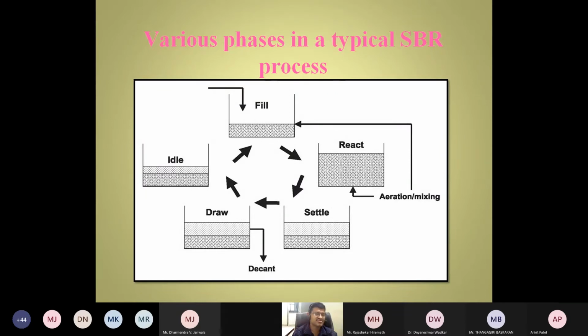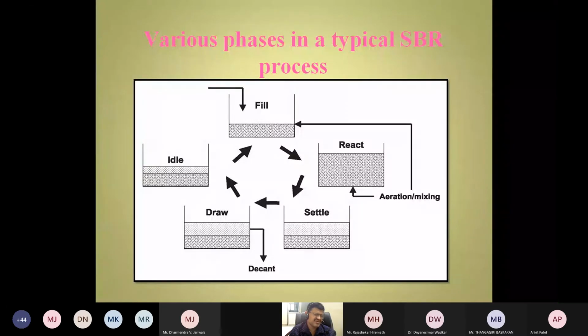But if protein is there, it is also degraded and comes to, let us say, NH3 or NH4. But that is not removed. Nitrogen is not removed. It is converted into the form of ammonium or ammonia, but it is not removed totally from that. So for that purpose, we have to give more oxygen.